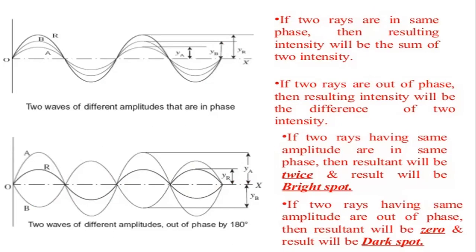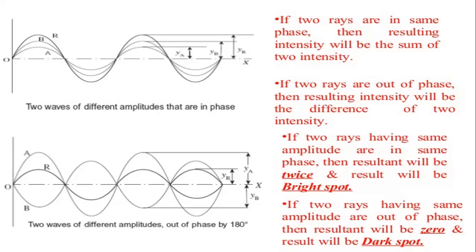And if two rays are out of phase, then the resulting intensity will be the difference of the two intensities. So with the same phase, we add the two wave intensities, but with different phases, we take the difference of the two intensities.